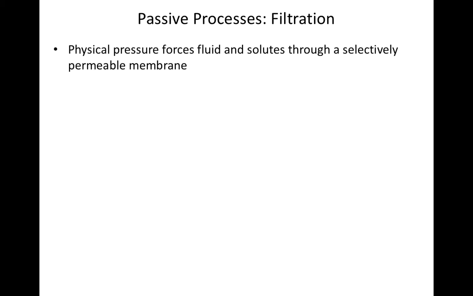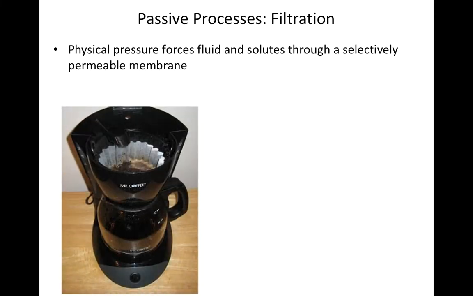So the simplest possible passive process is what's called filtration. You are using a physical pressure to force fluid and solutes through a selectively permeable membrane. If you've ever used one of these guys, you are familiar with this concept. So an old school coffee maker uses a filter paper, and that filter is going to function as your selectively permeable membrane.